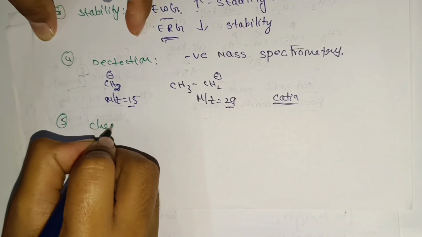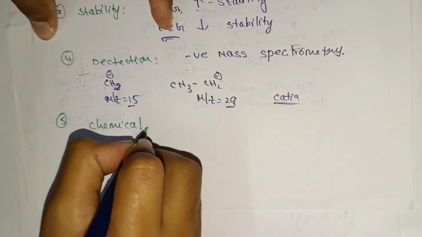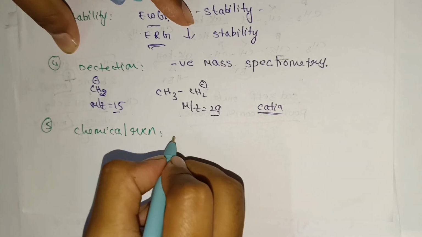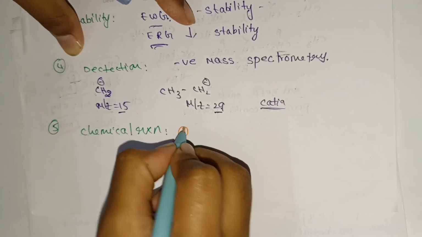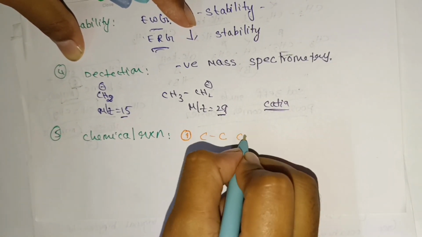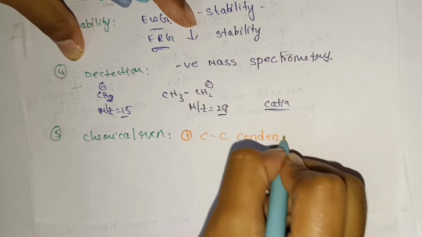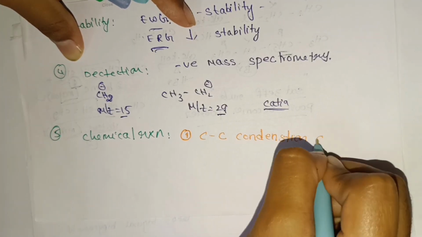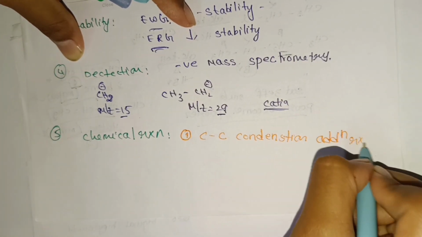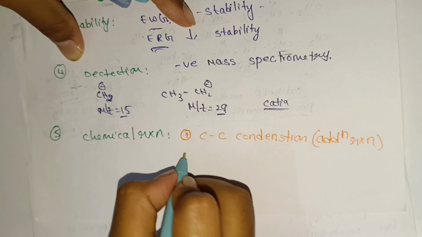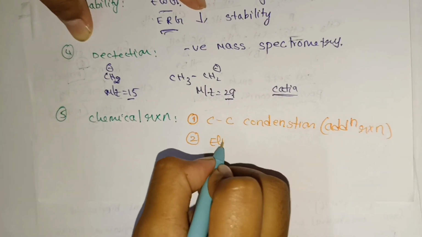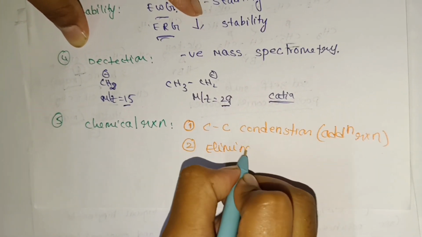Next, the fifth topic is chemical reactions. Chemical reactions are mainly of 5 types. The first one is C-C condensation, which is nothing but an addition reaction. The second one is elimination reactions.